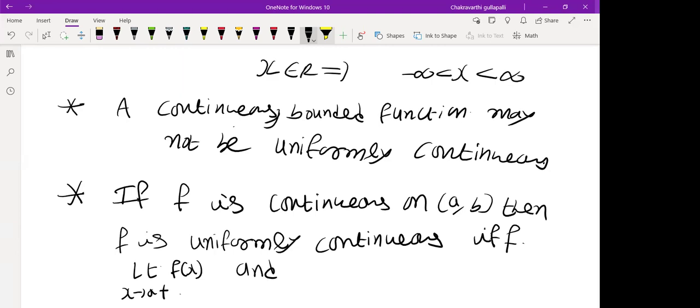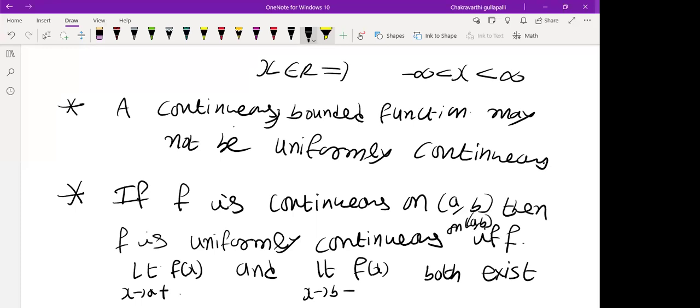Limit x approaching a plus means RHL at a. And limit x approaching b minus means LHL at b, both exist. If these two exist, then f becomes uniformly continuous on open interval.